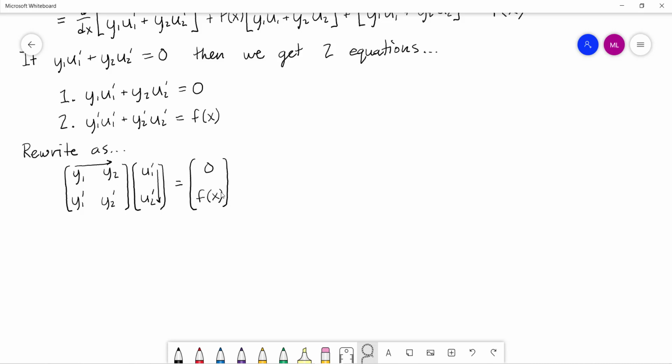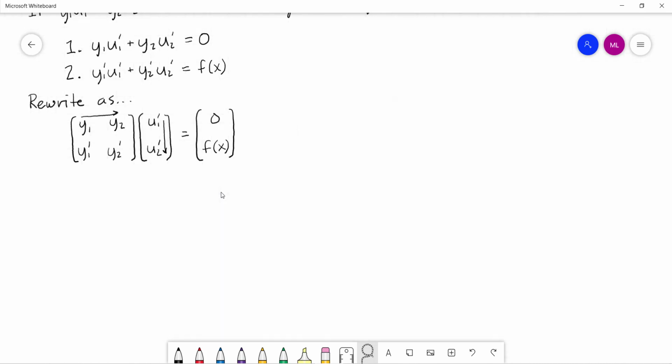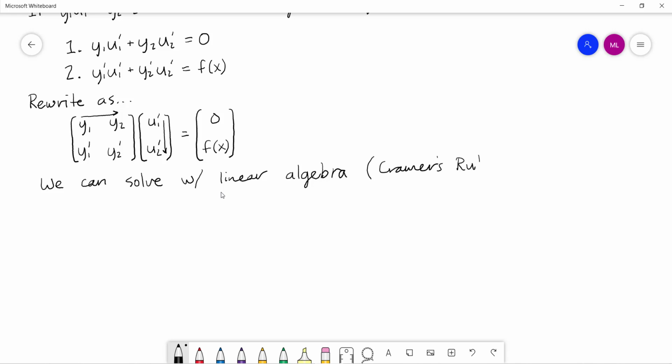So we've got this big, ugly matrix. We can try to solve this with some linear algebra, something called Cramer's rule. It basically leads us to the following.